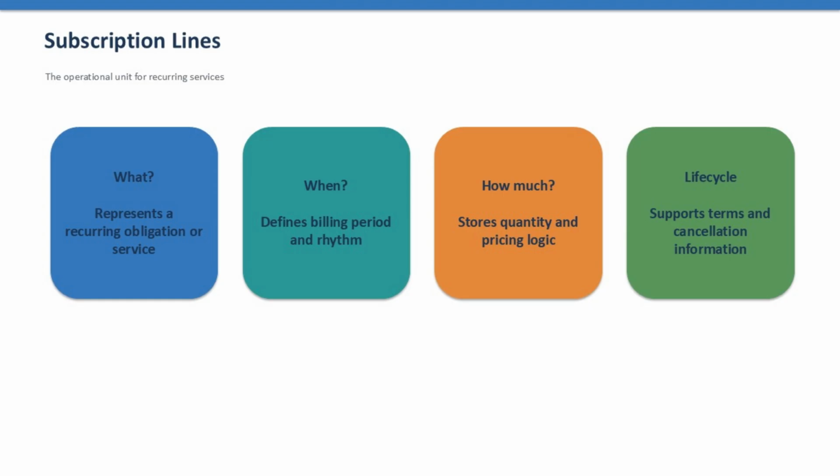That would be represented in the subscription line. Simply, as we discussed earlier, subscription packages give us that benefit. The subscription line is a detail that showcases our terms and conditions for the subscription.